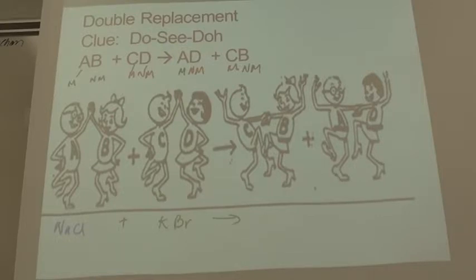Sodium will now be paired with bromine, and potassium will be paired with chlorine. All right, that's fine. You cannot be embarrassing to your chemistry teacher and do this. Promise? Maybe.